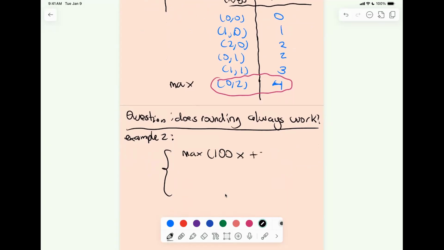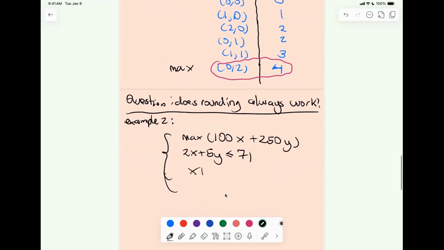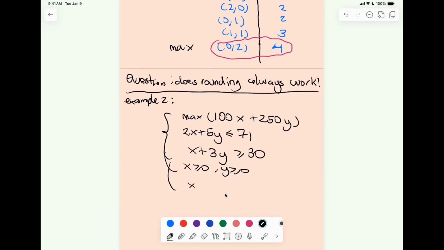I'll just write X and Y. And again, as always, the variables will be greater or equal to 0. And then the variables will be integers, which is the new condition. So maybe I should put that and underline it to emphasize that now that's a main difference to what we're doing.